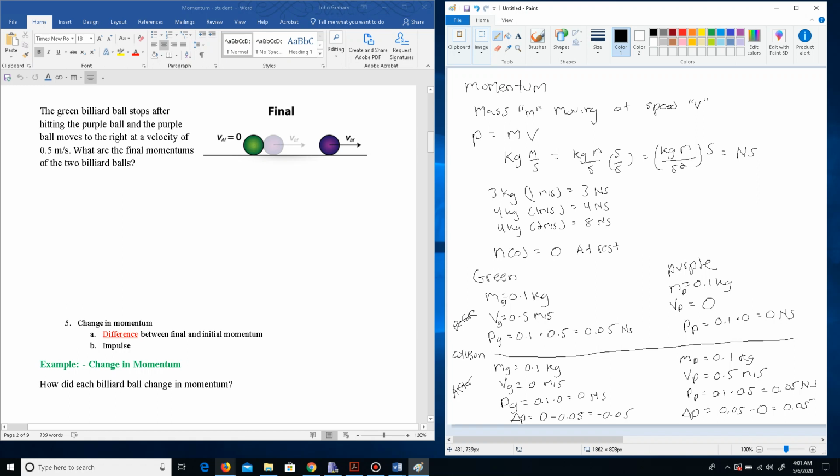It's no accident that these two have equal but opposite momentum changes. Okay. What I want you to think about is when we have these two billiard balls and they collide. This one's going to be the green one, and this one's going to be the purple one.